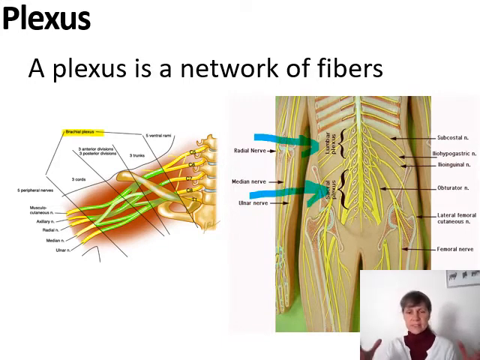So what happens is that as fibers come off of the spinal cord, they will intermingle and mix to form different structures and then branch apart and come together and branch apart. And we see that in this network of nerve fibers that make up a plexus.